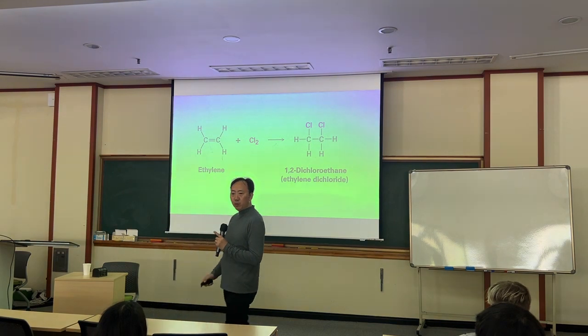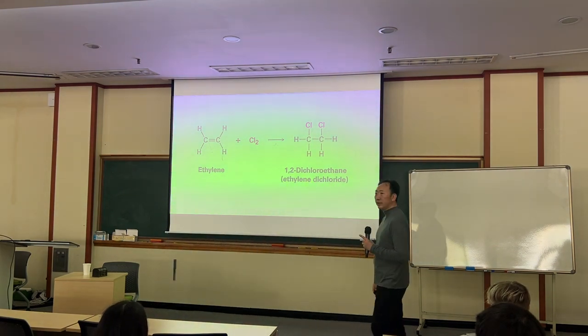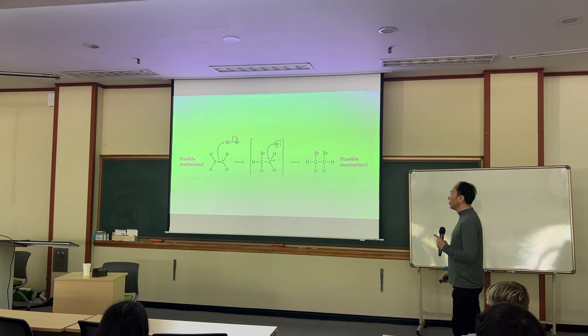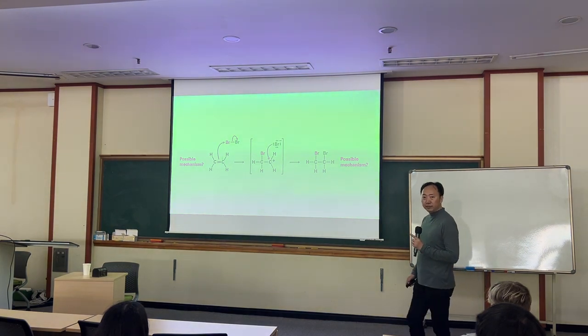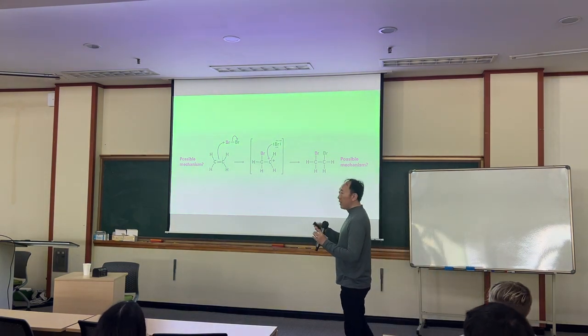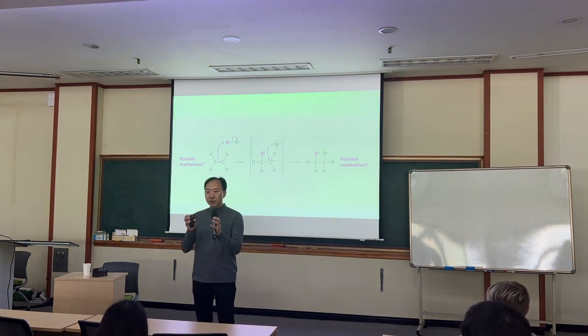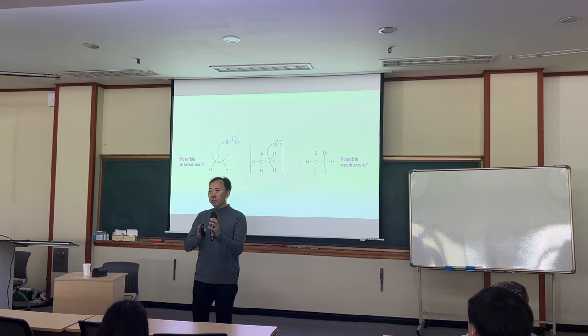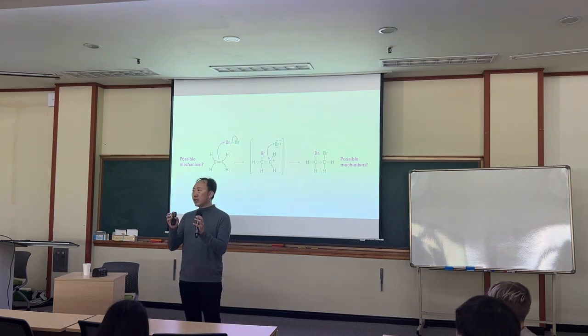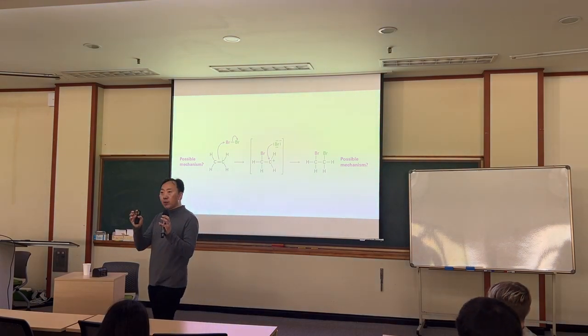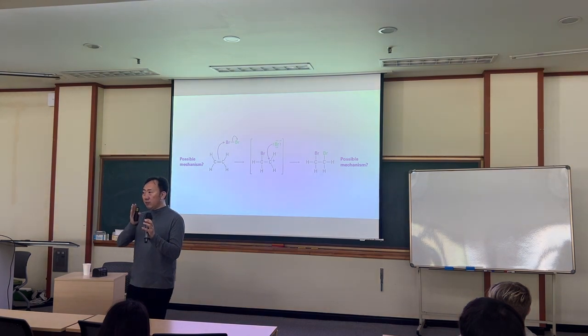And if you look at that product, maybe you can think of a possible mechanism, something like this. Cl-Cl or Br-Br, so originally it was equivalent. If it's breaking in the middle, that's a dissociation energy required, and the product is radical, right? Homolytic cleavage.